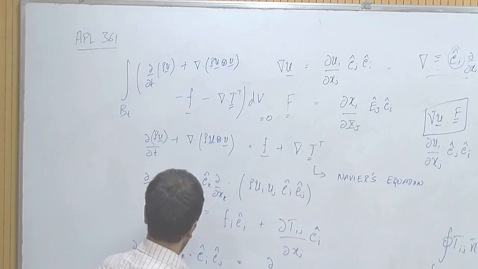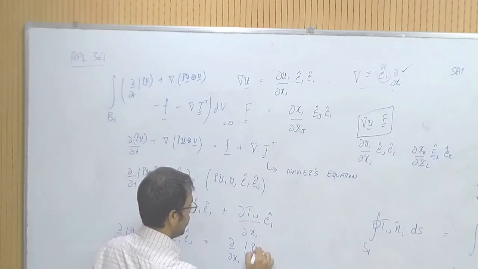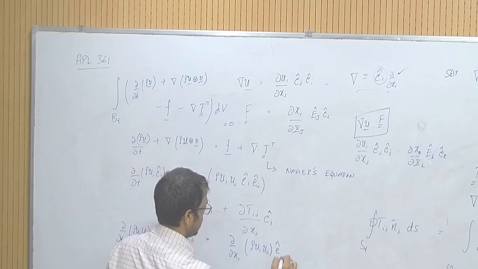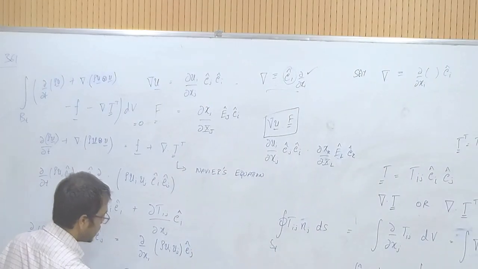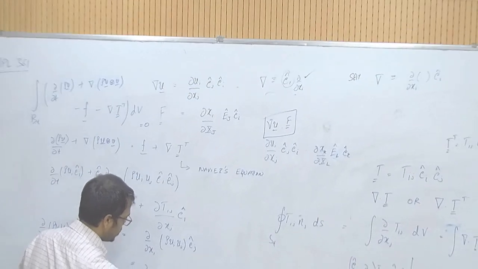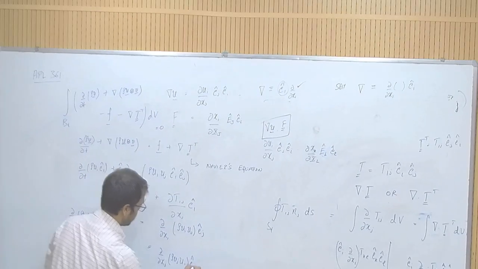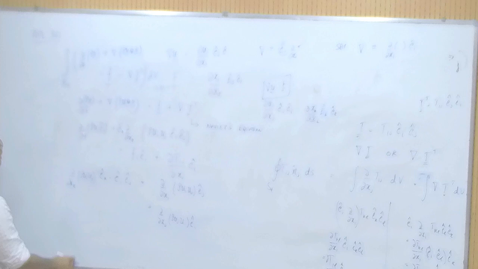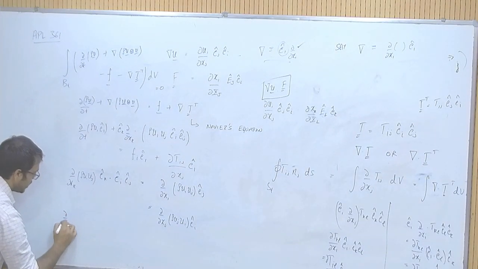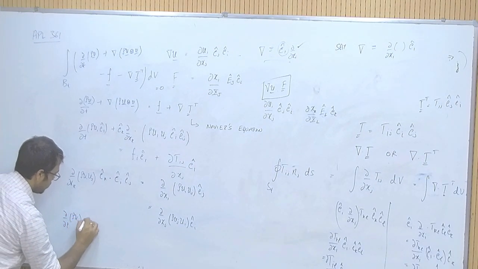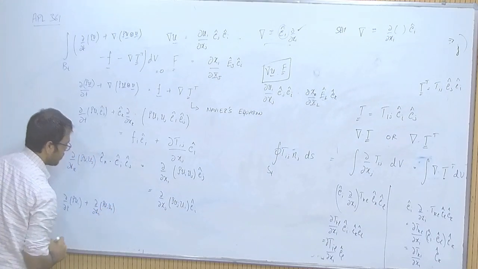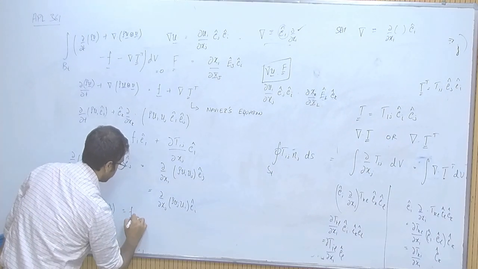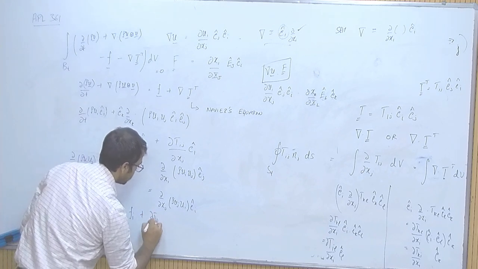So this is basically del by del x_i rho u_i u_j e_j, which I can also write as del by del x_j rho u_j u_i e_i. So in the index notation, the components look like del by del t of rho u_i plus del by del x_j rho u_i u_j equals f_i plus del T_ij by del x_j.